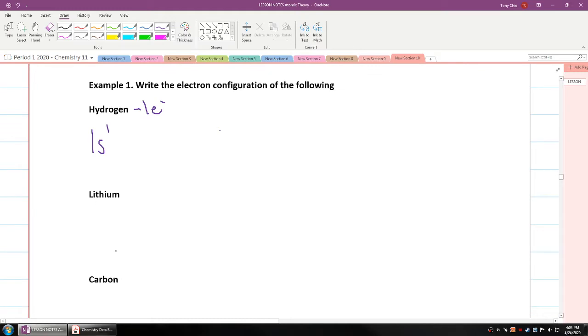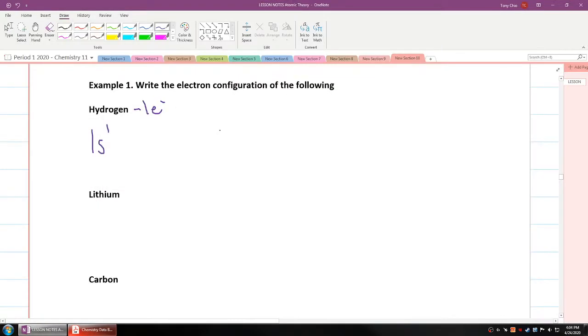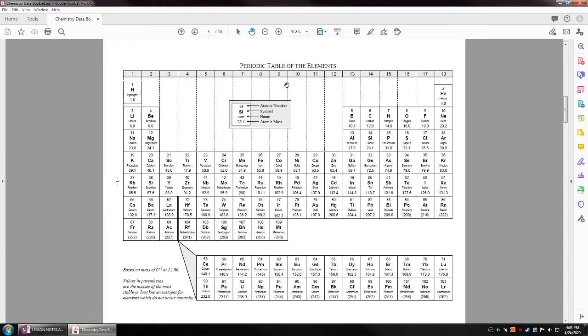Let's take a look at lithium now. Lithium is right here. Lithium has 3 electrons. Right here, these are the 1s electrons. That means if hydrogen or helium were there, they'd have electrons in the 1s. Lithium has, in this case, these are the 2s electrons.